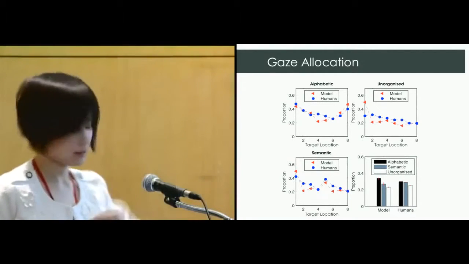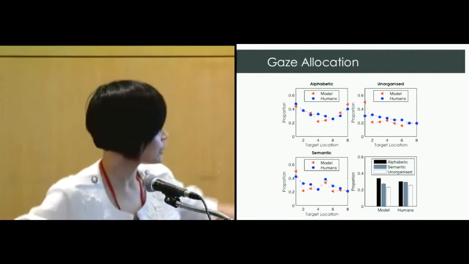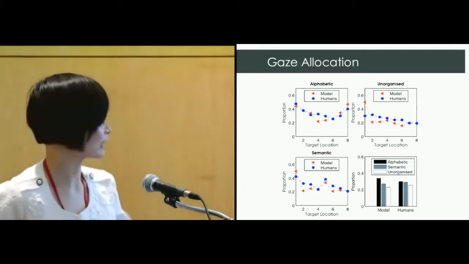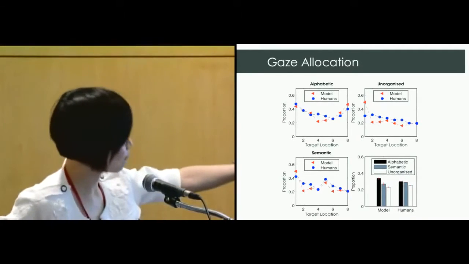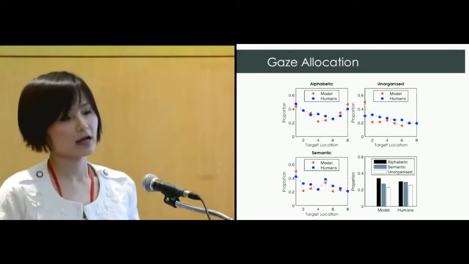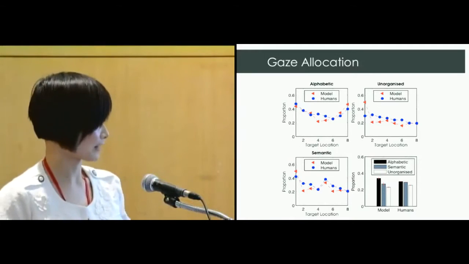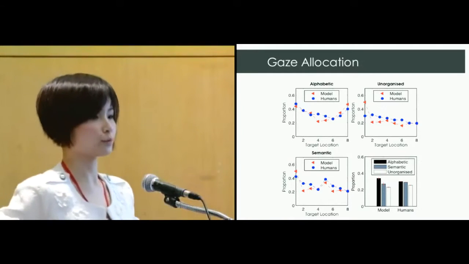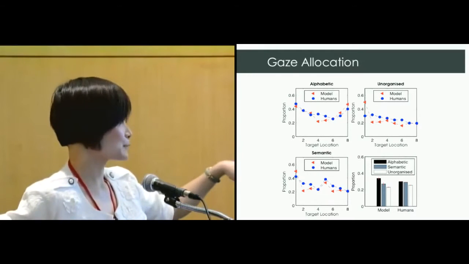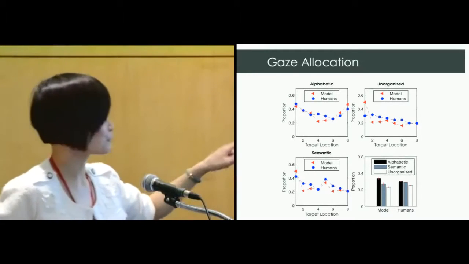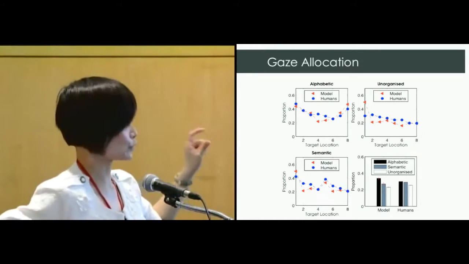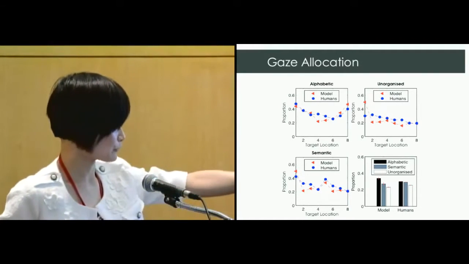And another example is semantic. You might see a big bump in the middle there. You might find that's kind of random. But if you see the human data, I need to say this semantic is for 4x4 organization. So it means there are two groups and 4 items in one group. Participants were more efficient to find the target when the target is at the first item of the first group, and also the first item of the second group.